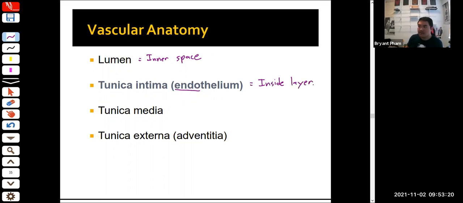Right? I mean, you live your life however you want. Ain't judging. So tunica intima, also known as your endothelium. Be careful, guys. Endothelium looks very similar to endocardium. What's the difference between endothelium and endocardium?